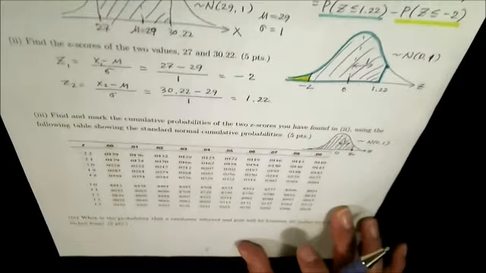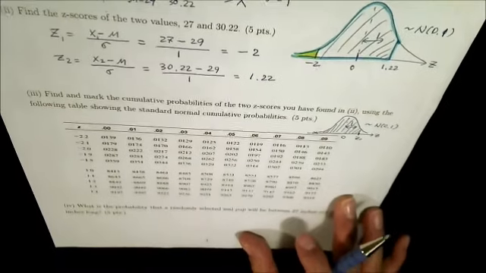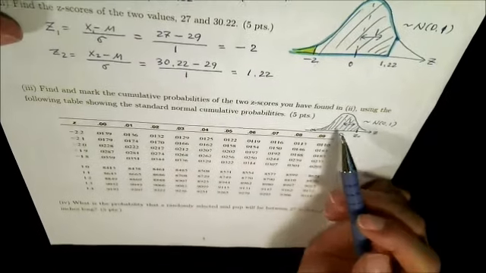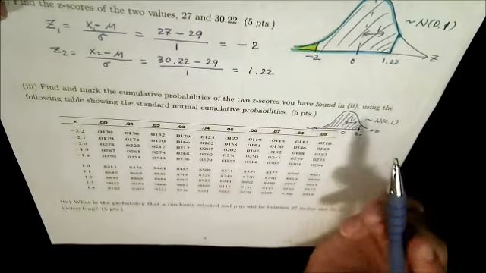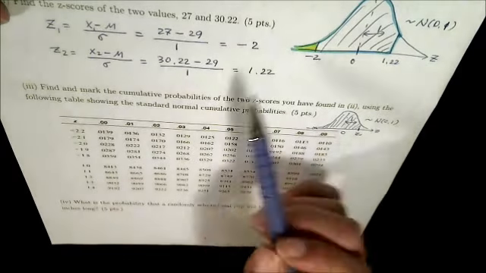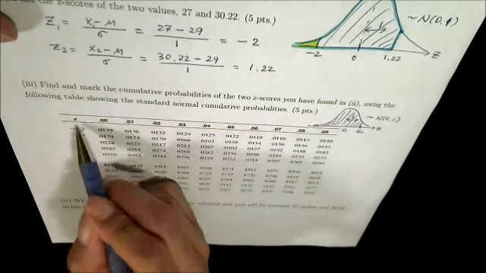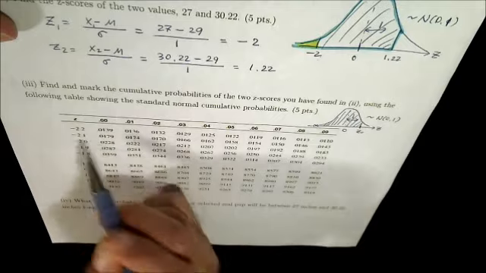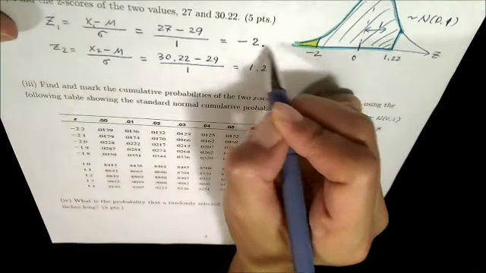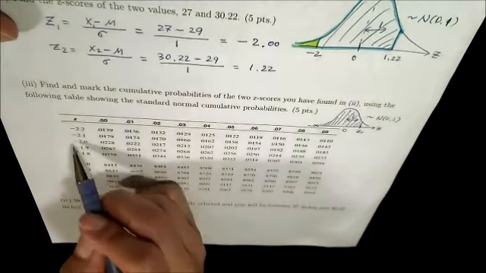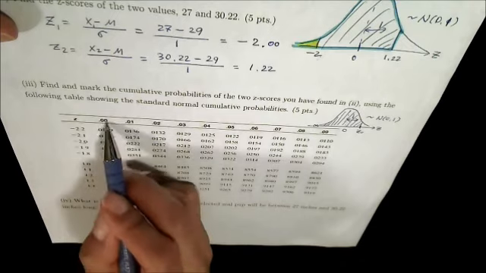Now we can use this table and find the corresponding probability, which is area. First, what is my first z-score? Negative 2. Then go to negative 2.00, right? So negative 2.0 and then 0.